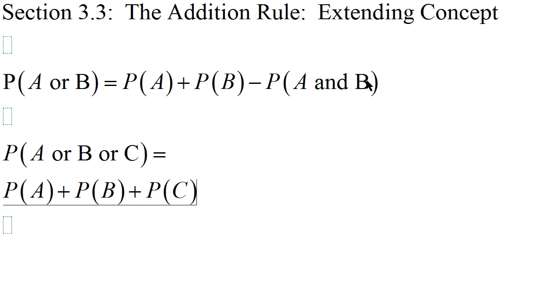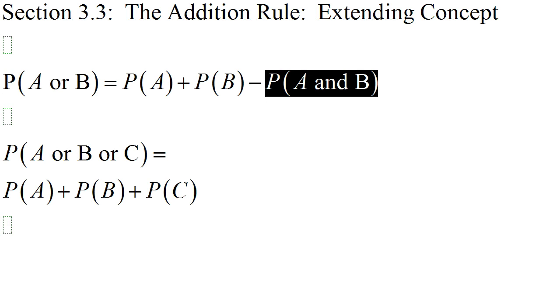The way we do this, to represent it in math symbols, is just like we did for section 3.3, when we said probability of A and B, we subtract that. Let's see what happens when we subtract probability of A and B. That is, let's subtract 1 from every single area.